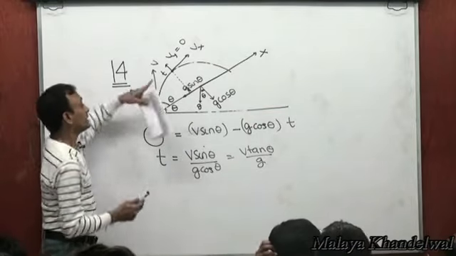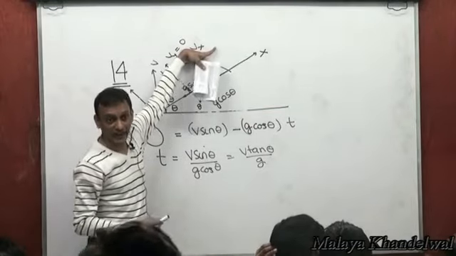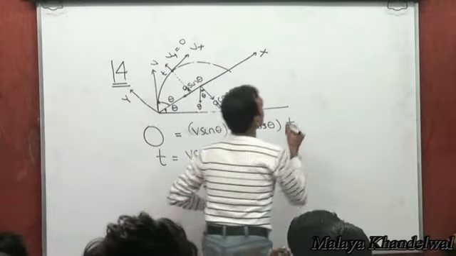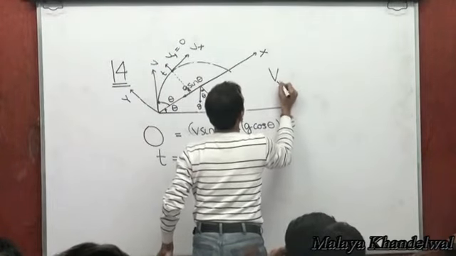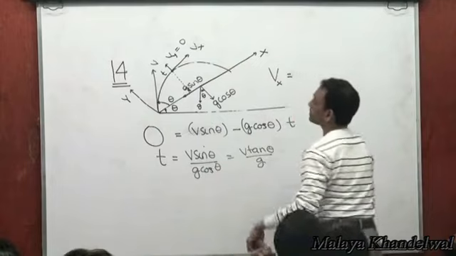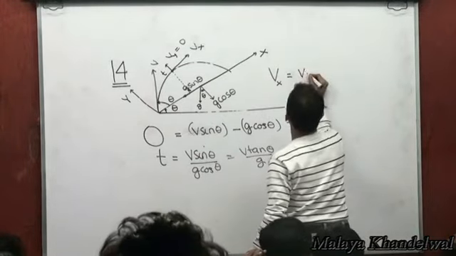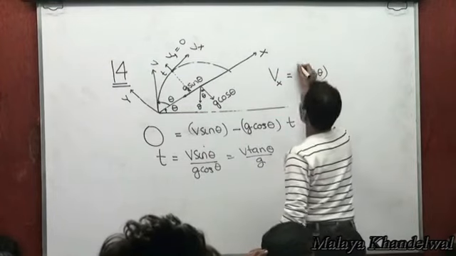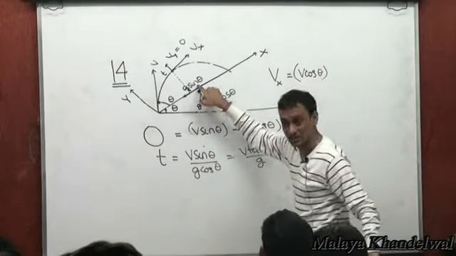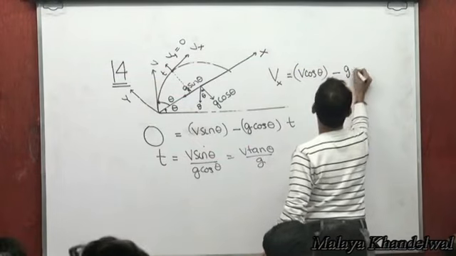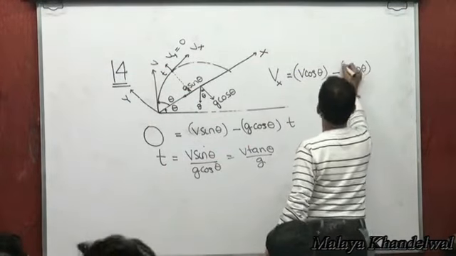Now in this time, it develops a horizontal velocity Vx, velocity in the x direction. The velocity developed in the x direction up to this instant of time is initial velocity in the x direction, which is v cos theta, plus acceleration in the x direction, which is minus g sin theta, into time t.